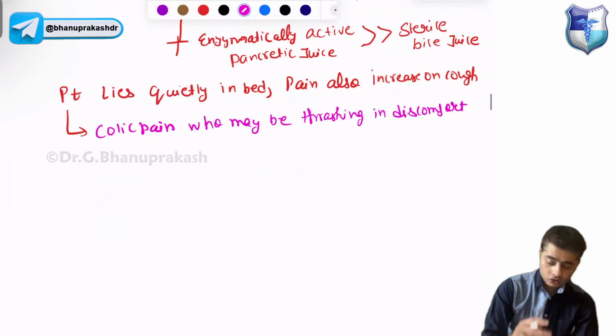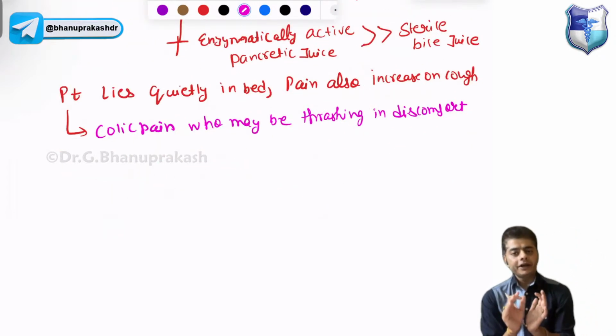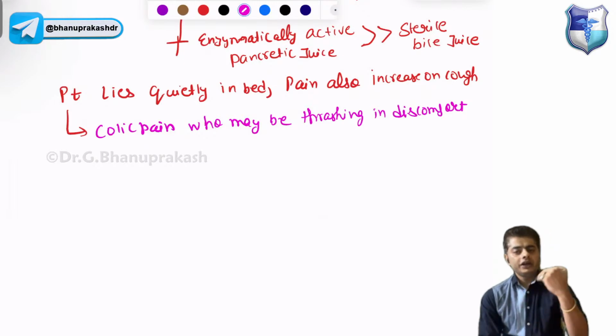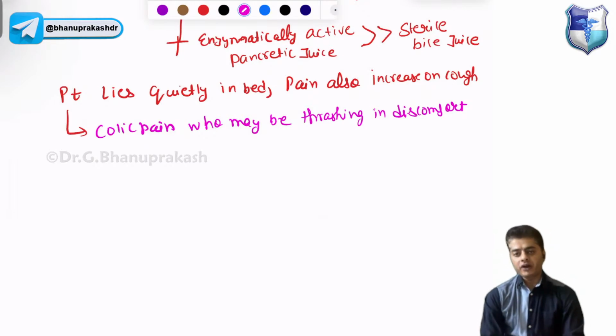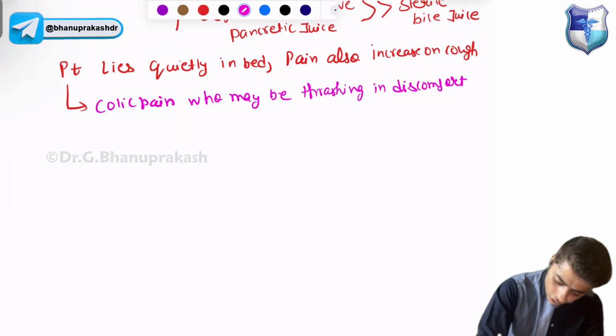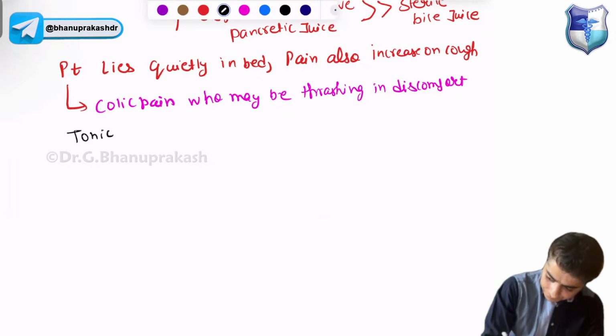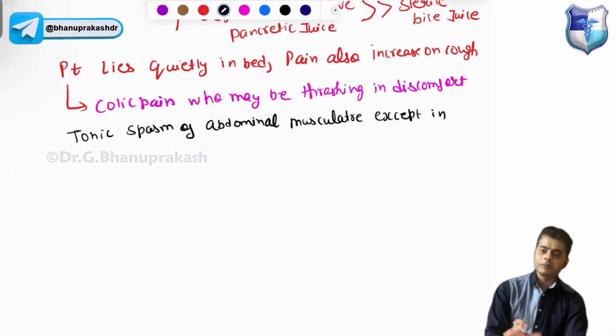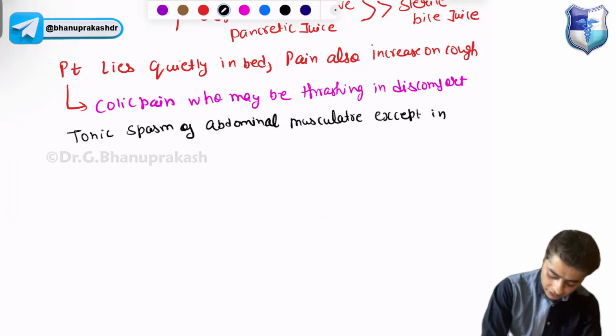And generally, whenever peritoneal pain is there, it is always accompanied by tonic spasm of abdominal musculature. But there are some conditions in which pain occurs without tonic spasm of the abdominal muscles.